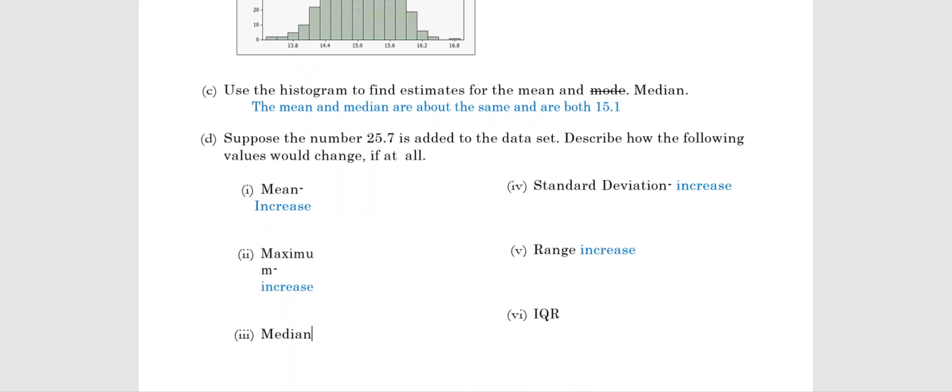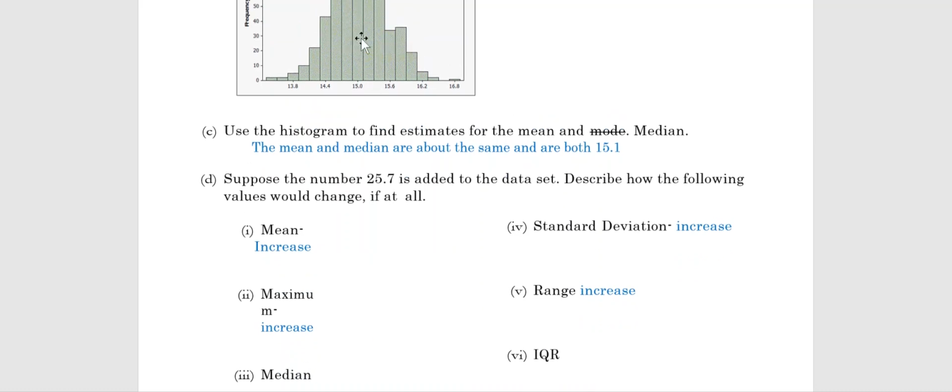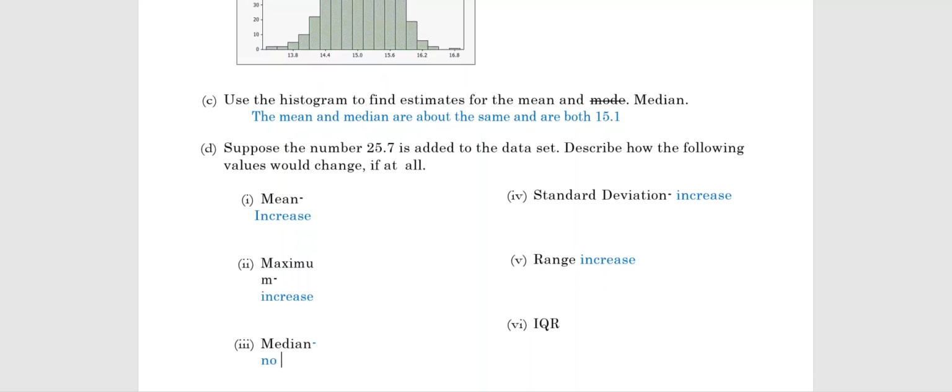How about the median? It might move over 1 unit. That's it. So it's probably likely to not change at all. And here's where things are going to be a little bit of a kicker. Now the IQR, because it includes Q3 and Q1, might change a little bit, but not much at all.